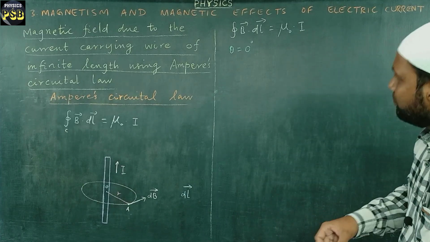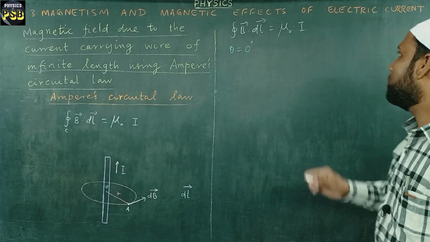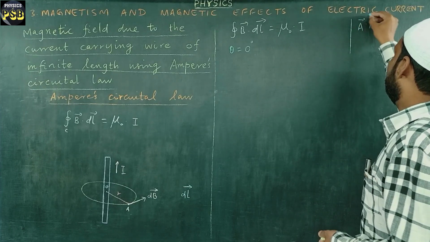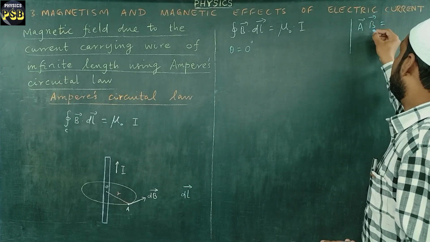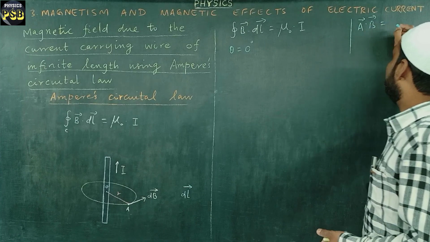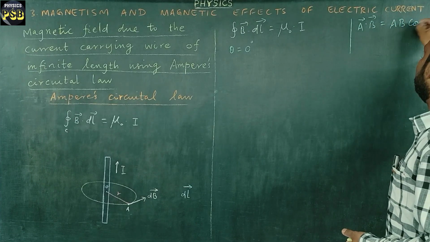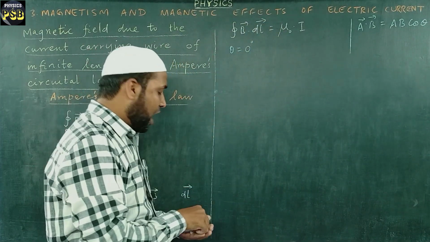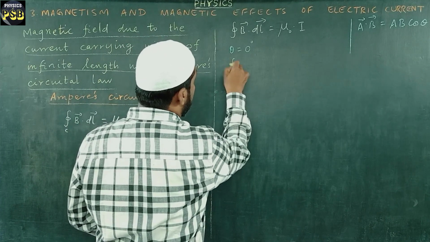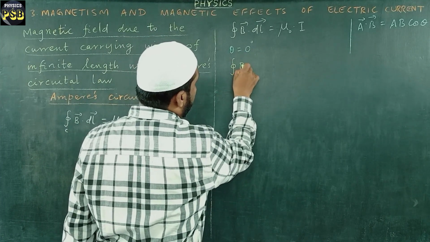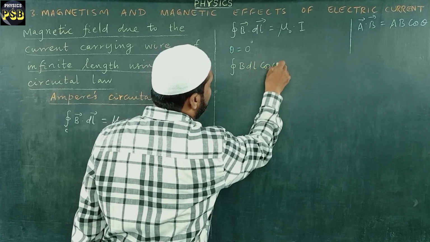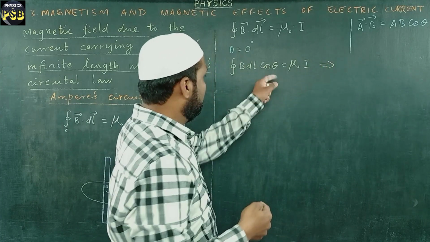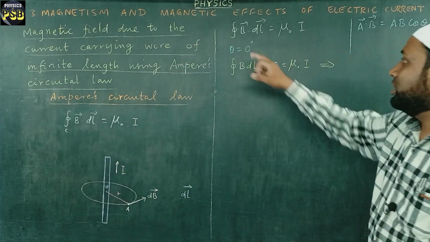These two vectors are in a dot product. We know very well, if we have A vector dot B vector, this can be written as AB cos theta. In the similar way, here this product can be represented as the closed integral of B dl cos theta equals mu naught I. Then in the place of cos theta, I write its value, which is cos of 0.